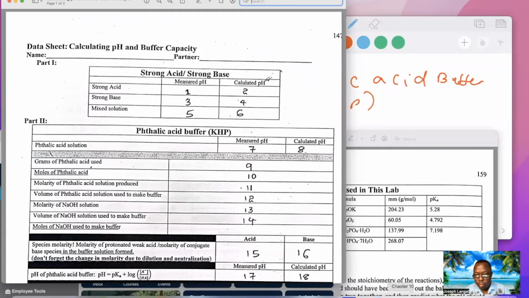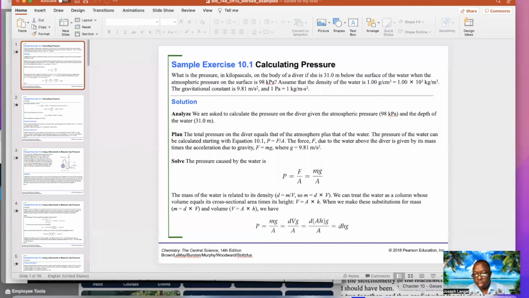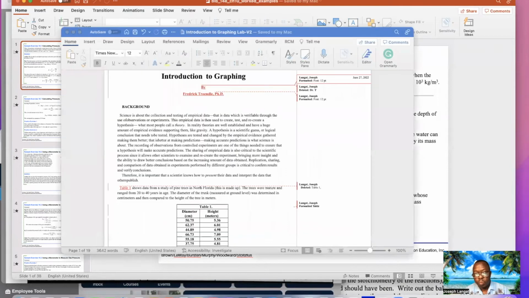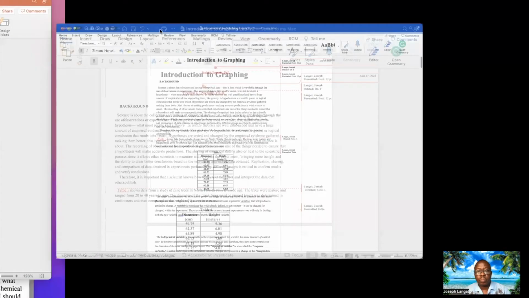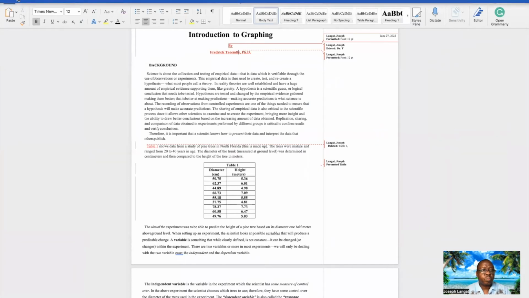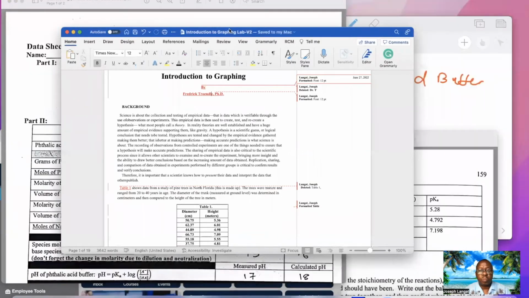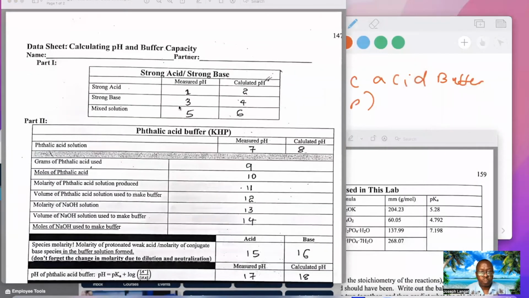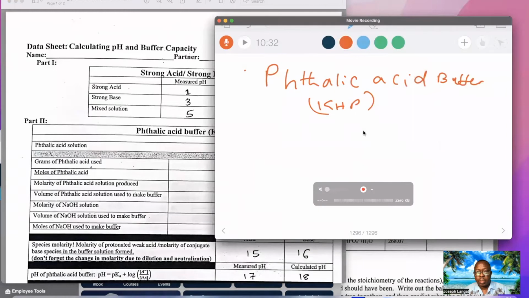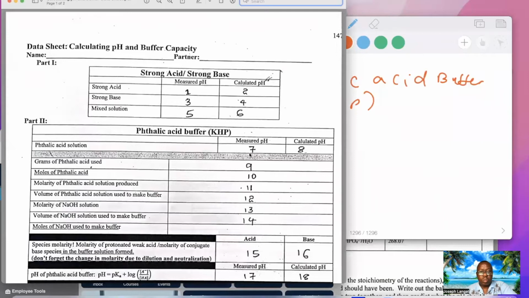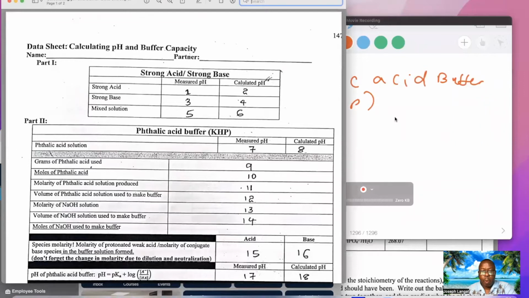I emailed myself the instruction. So for phthalic acid, you need to read the instruction on how to determine the pH of a weak acid.